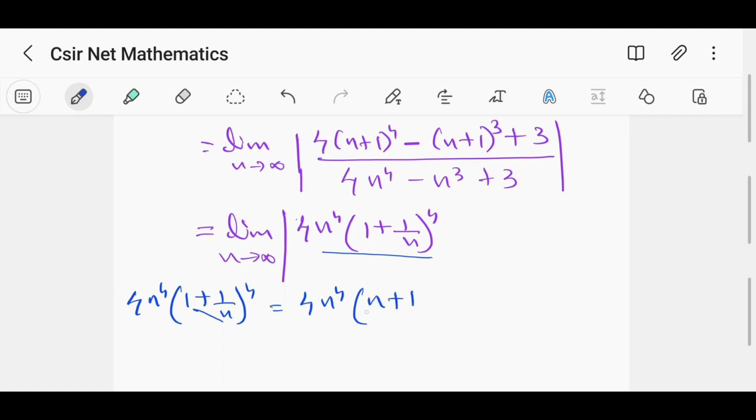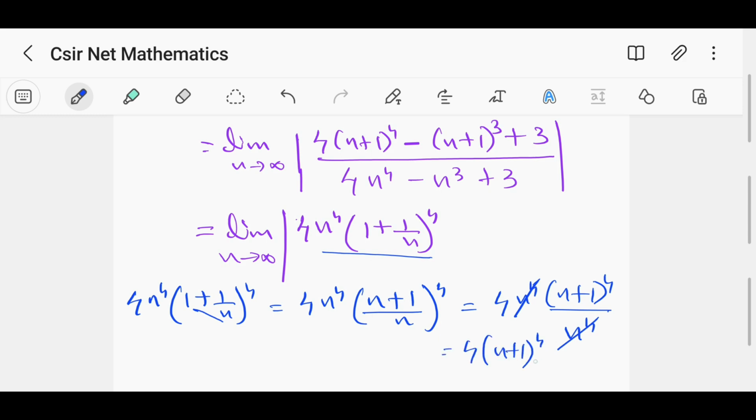This is again 4n^4 (n+1)^4 divided by n^4, so n^4 and n^4 get cancelled. You get back 4 times (n+1)^4, which is here in this term, isn't it? So we write this term as 4 times n^4 into (1 + 1/n)^4.